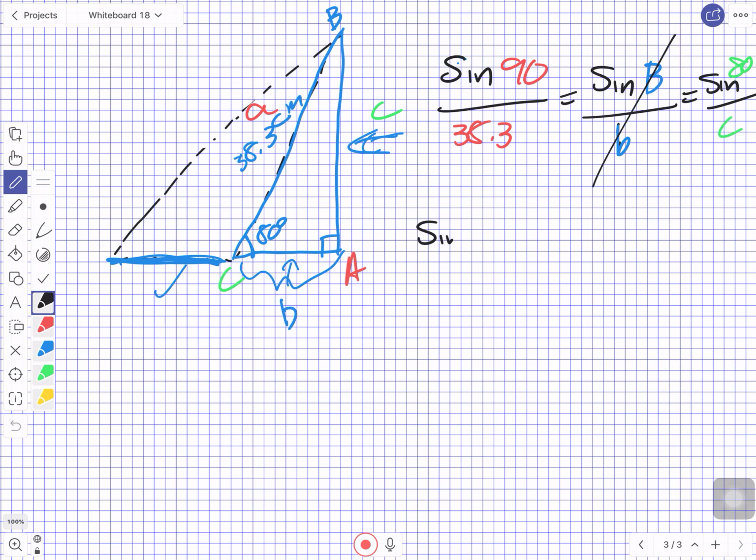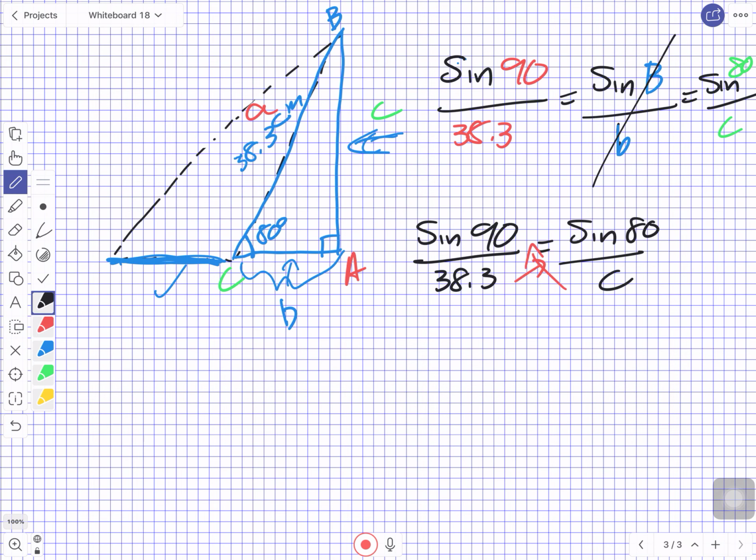We're left with sine 90, which is 1, I'm pretty sure. I'm quite sure. Yeah. It is? Okay, yeah. Equals sine 80 over C. We're going to cross multiply again.